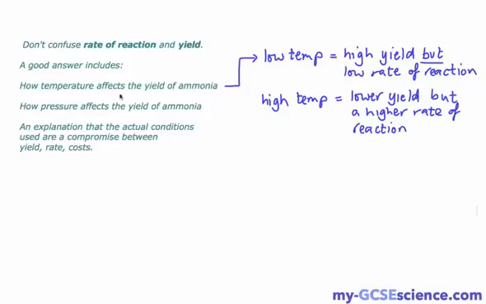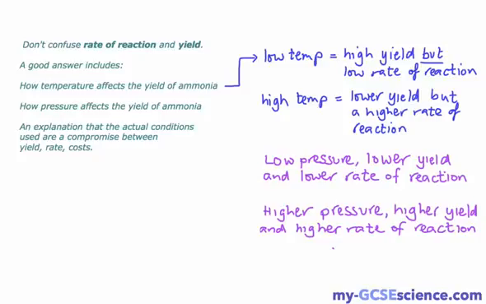The second thing you should talk about is how pressure affects the yield of ammonia. A low pressure gives us a lower yield and a lower rate of reaction, but a higher pressure gives us a higher yield and a higher rate of reaction.